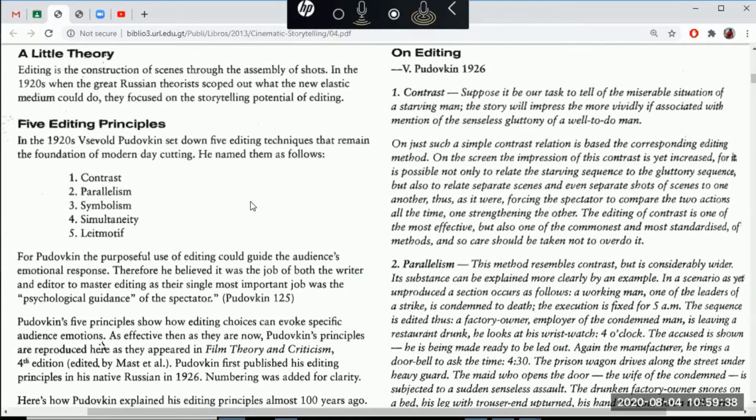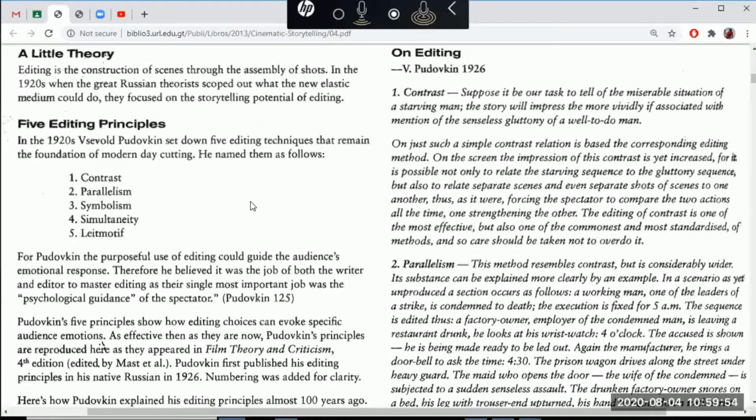We have also discussed parallelism, how parallel action creates different meaning by showing different situations, which may be different in terms of times, in terms of occurrences.